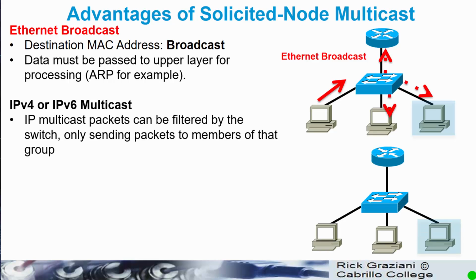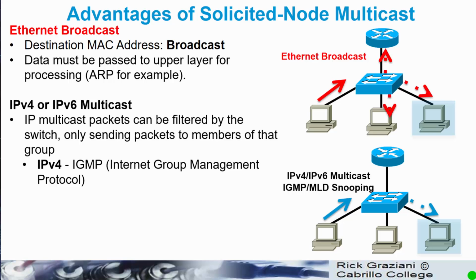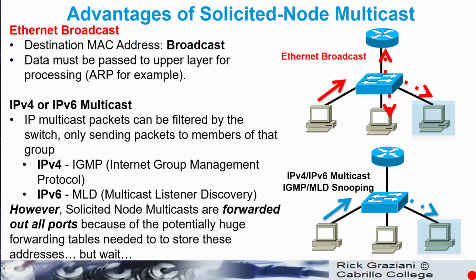Whereas with IPv4 and IPv6 multicasting, IP multicast packets can be filtered by switches, only sending packets to the members of that group. So instead of having to go up to a layer 3 device and then back down, we can send it to the appropriate groups. Here we have IPv4 IGMP, the Internet Group Management Protocol. IPv6 has the multicast listener discovery.